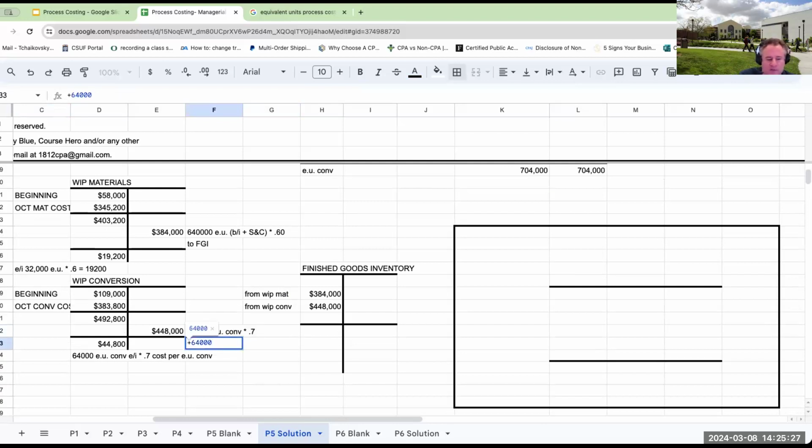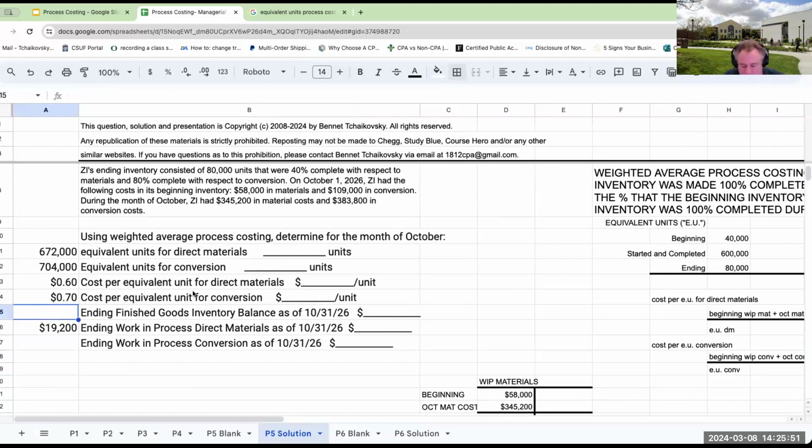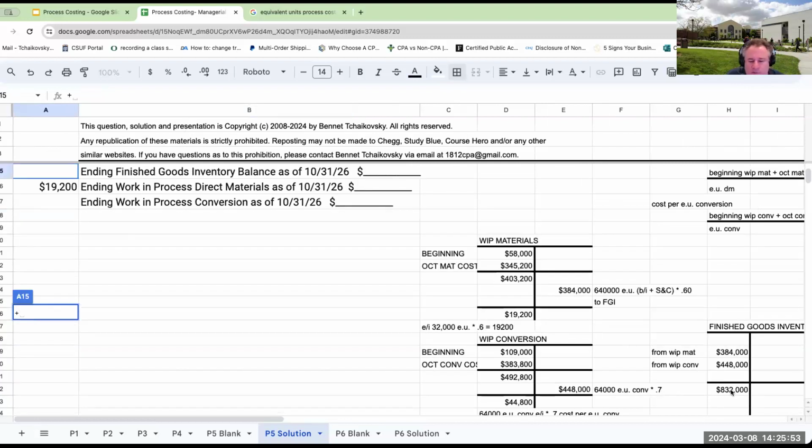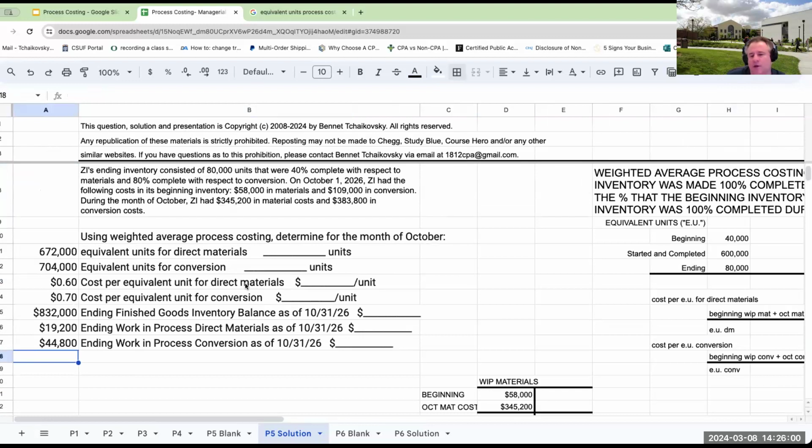If I take 640,000 times 0.7, I get 448,000. So I know I've done this question correctly. So coming over here, my finished goods is 832. In answering these other questions, my ending finished goods balance is 832, and ending work in process conversion is 44,800.